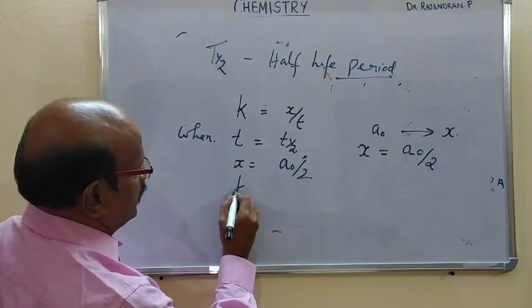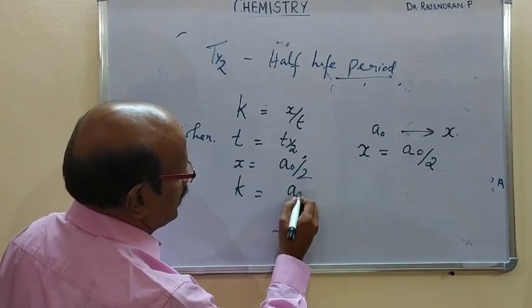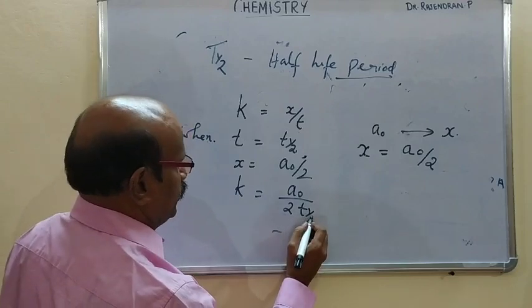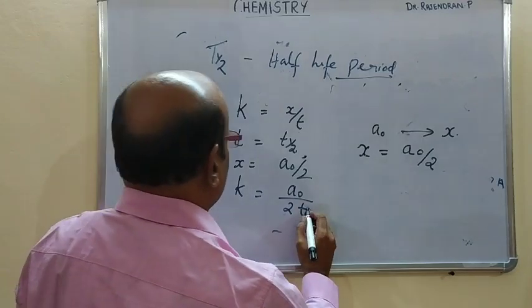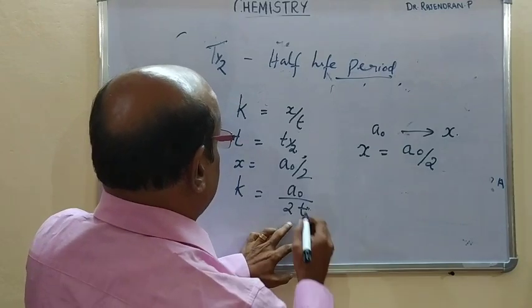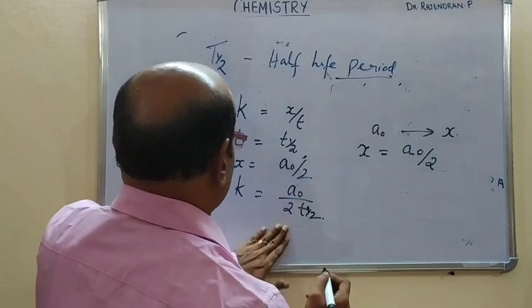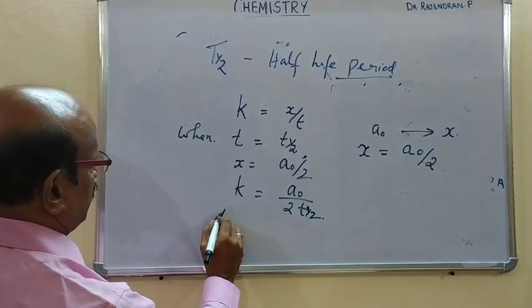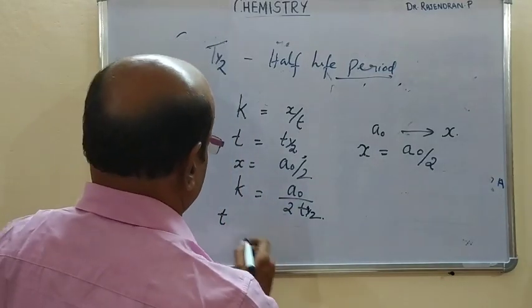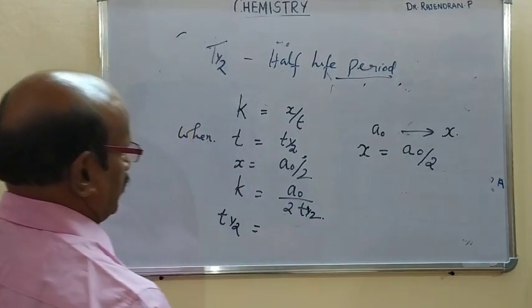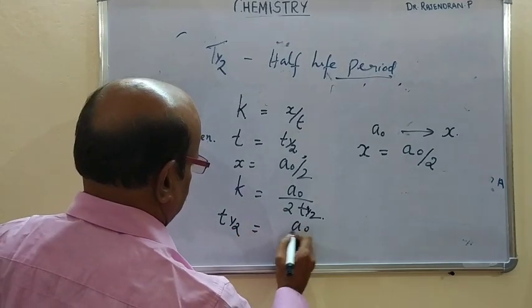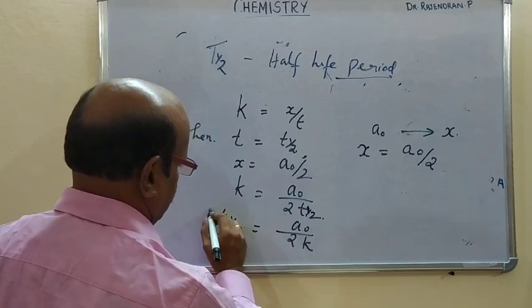So the rate constant k now becomes equal to A0 by 2 t half. Now t half is equal to A0 by 2k.